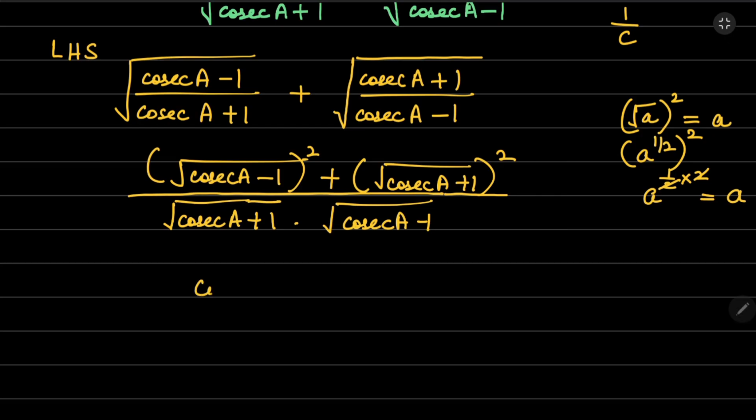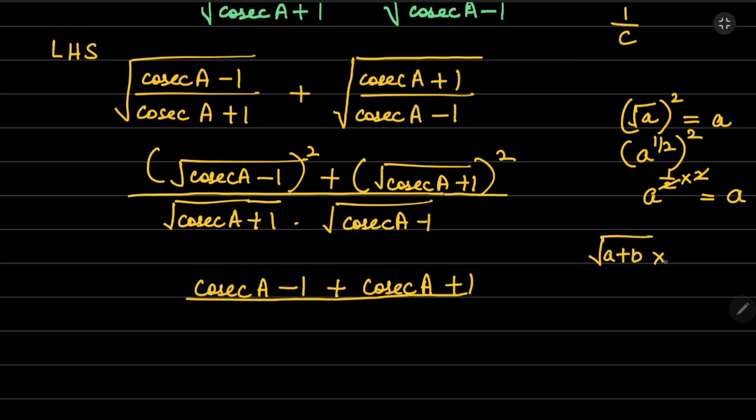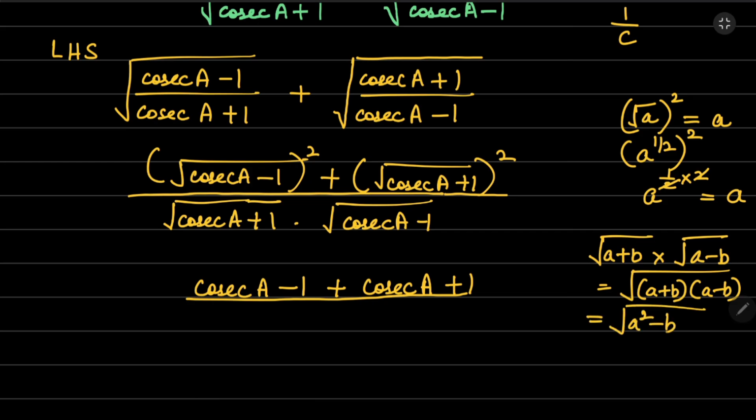So this is equal to (cosec A minus 1) plus (cosec A plus 1), whole divided by, what is root of (a plus b) multiplied by root of (a minus b)? This is equal to root of (a plus b) into (a minus b). What is (a plus b) into (a minus b)? It is root of a square minus b square.